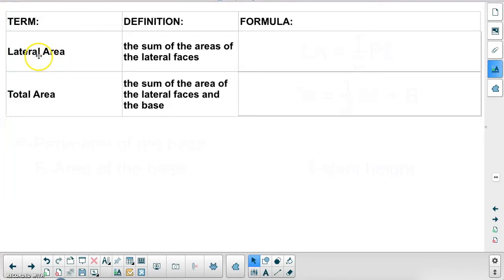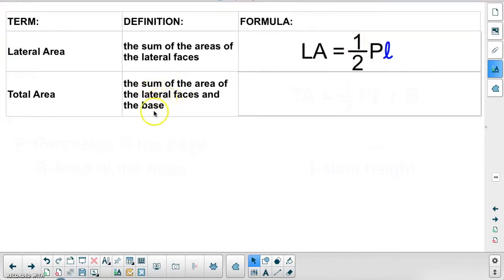Now let's take a look at some formulas here. The lateral area of a pyramid is going to be the sum of the areas of the lateral faces. That's going to be the sum of the triangles that make up the lateral faces. So we have a formula of lateral area equals 1/2 perimeter times slant height. The 1/2 P times L will just be the sum of the lateral faces.